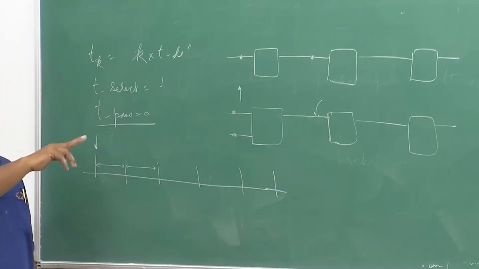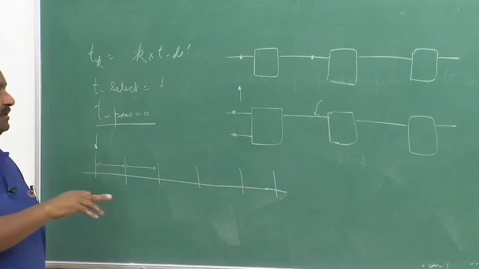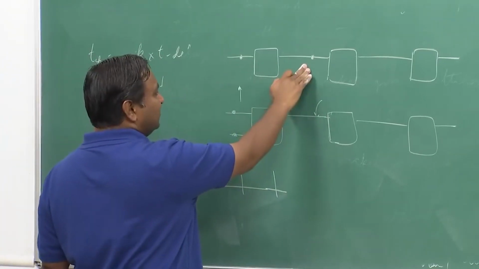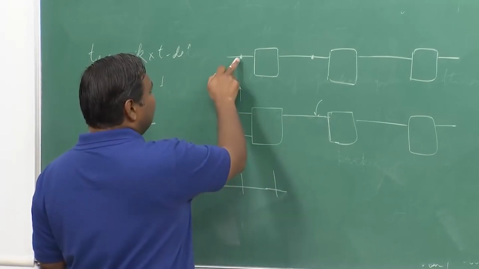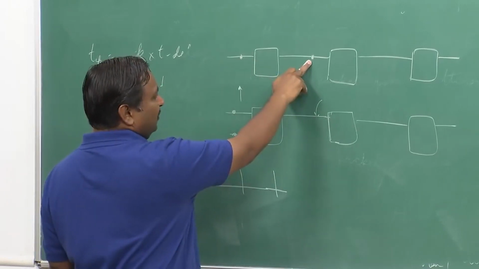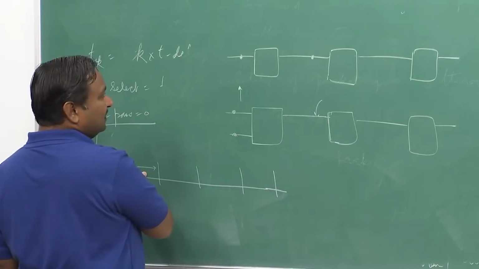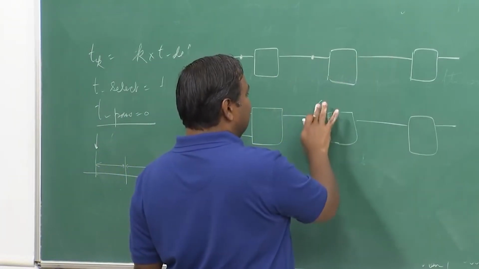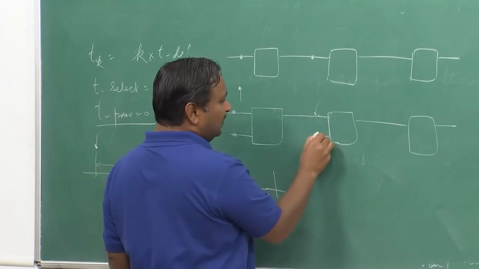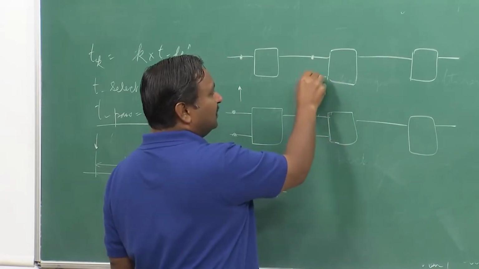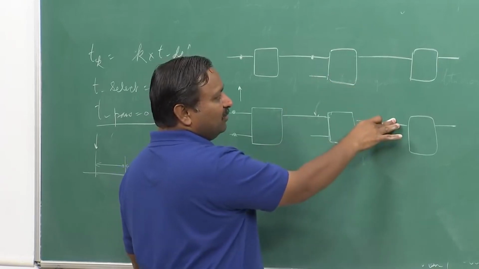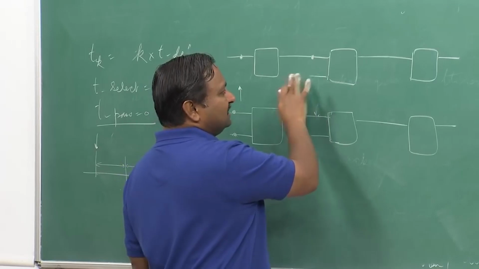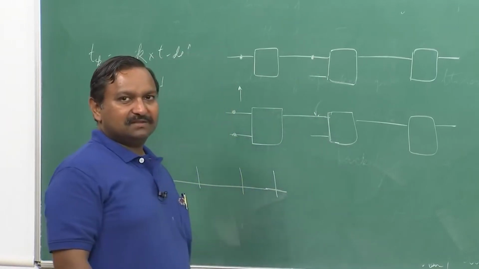Remember what we have built as a Petri net model. Unless this buffer is empty, there is no use of doing any selection here. This buffer has to get emptied first. So, there will not be any selection for this outgoing port in this time slot. This buffer is free, so this will get selected, and assuming that there is no contention from the bottom one, there is no contention here, this either might be going to this second port or the packet itself is not there, one of the two conditions.